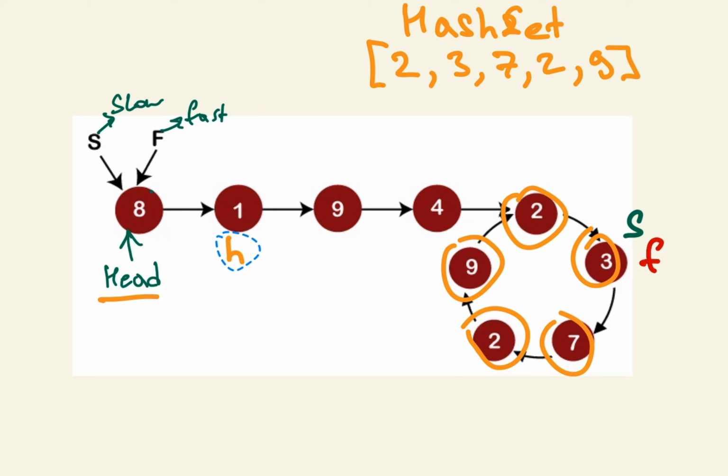The next node is 1, and it also returns false because in the hash set there is no list node like this. So 9, and it will also return false. 4, and it will also return false, and the head finally will be equal to 2, and it will return true, and we will return head because the head of the cycle is 2.